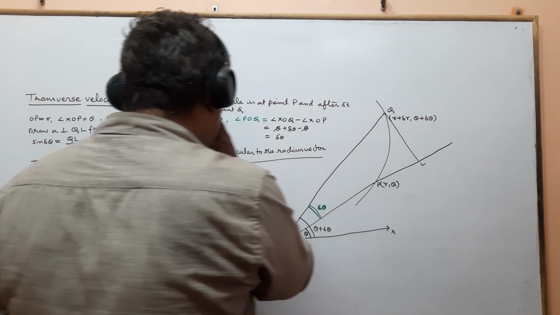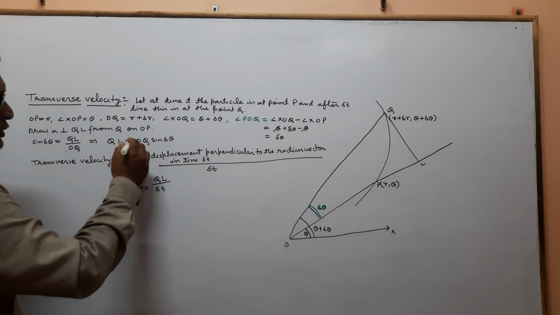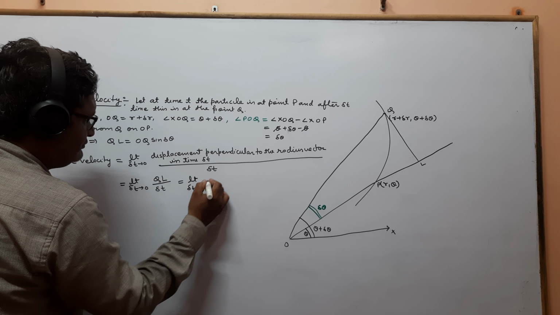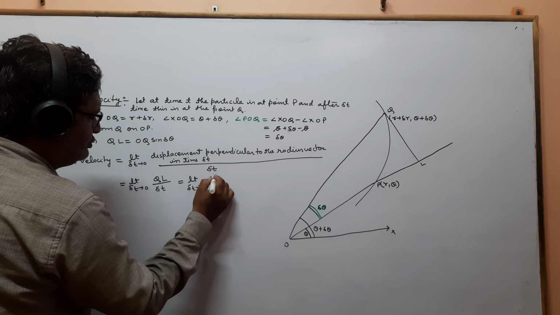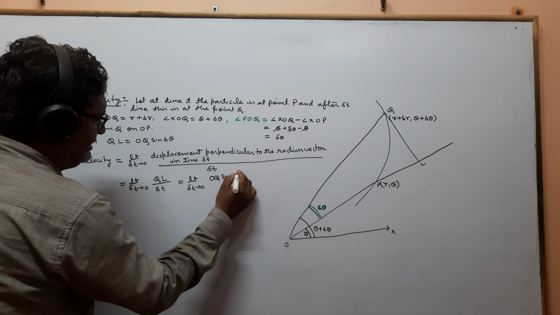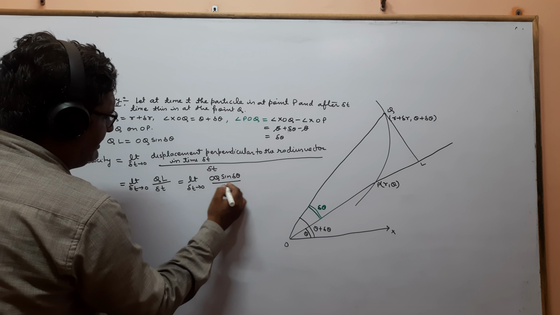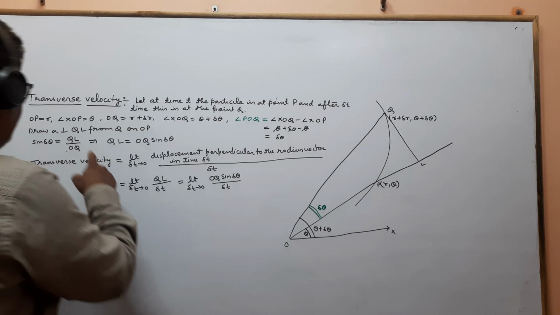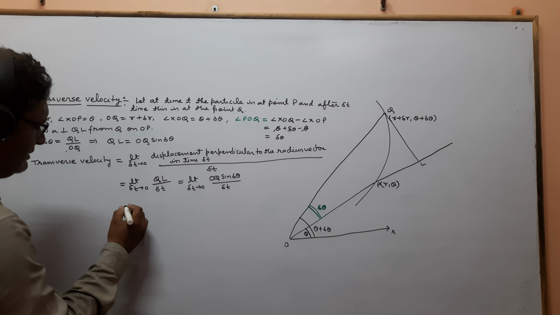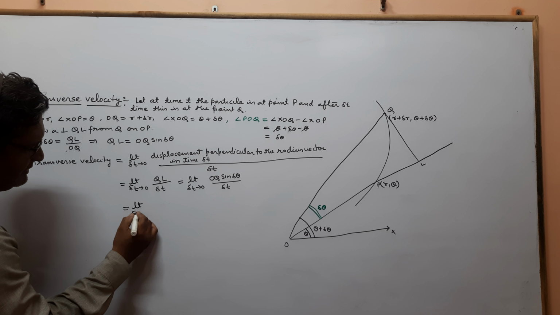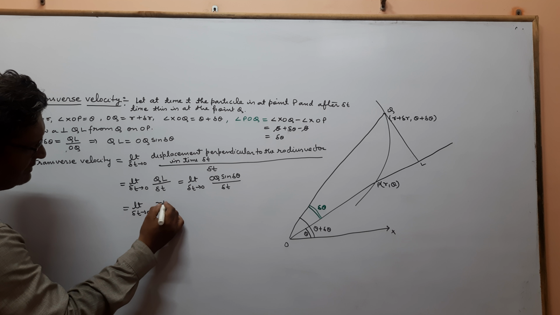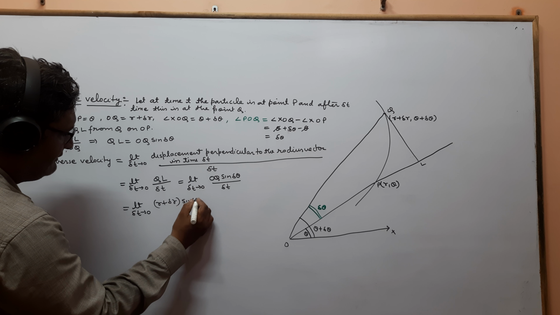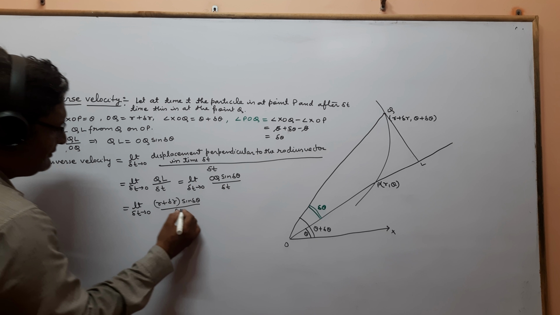And we know that QL is OQ sine del theta. So this is OQ sine del theta divided by del t. And we know that OQ is r plus del r. So this is limit del t tends to 0 of (r plus del r) sine del theta divided by del t.